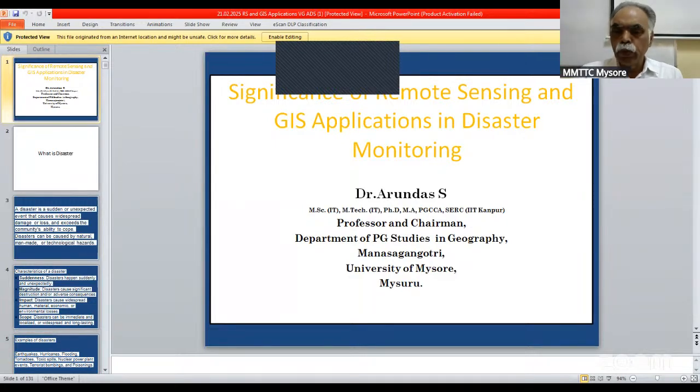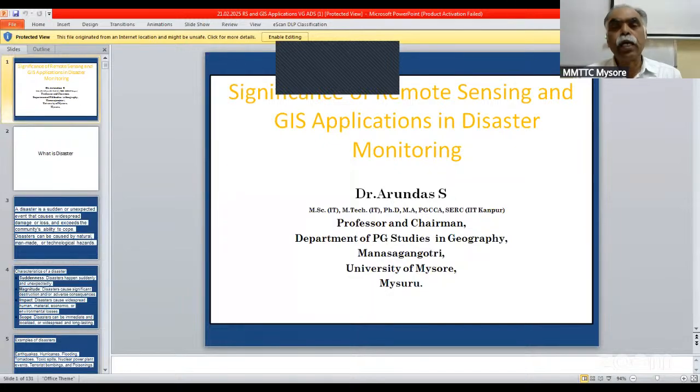From that point of view, it is very much appreciable because we have very good science and technology, that is the remote sensing and GIS applications, which is highly helpful for the planners, for the managers, in order to control much of the loss of life and property.